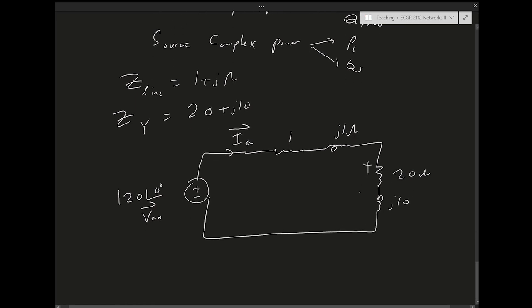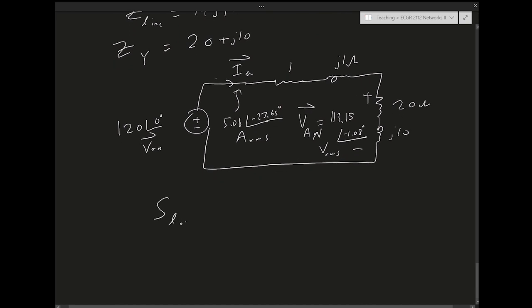So when we solved this, we found that VAN, the voltage at the load, is going to be 113.15 with an angle of minus 1.08 degrees volt RMS. And then we found the current in the line to be 5.06 at minus 27.65 degrees amp RMS.